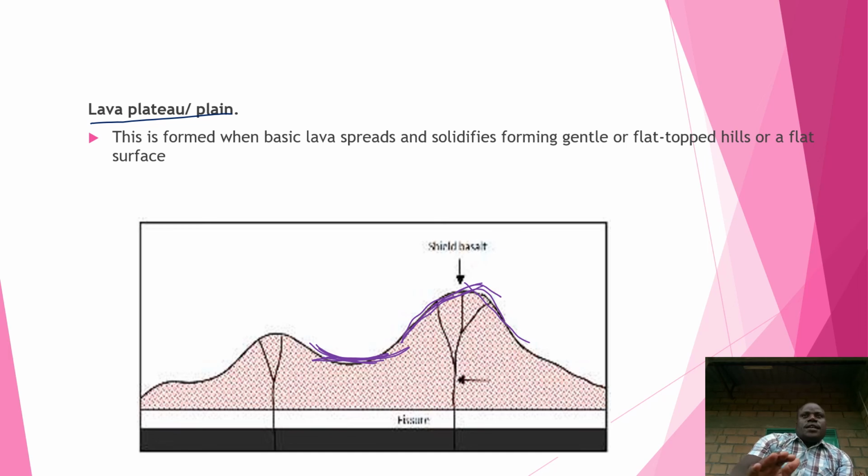Basic lava, fluid lava, flows and covers an extensive area and solidifies on that extensive plain and forms lava plains. They are called lava plains because they are formed from lava. When lava solidified on a flat area, it formed those lava plains. And it covered an extensive area because it was not thick lava. It was not viscous lava. It was basic lava which flows freely.